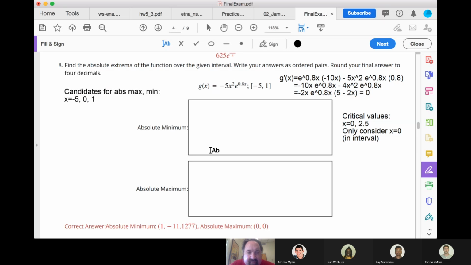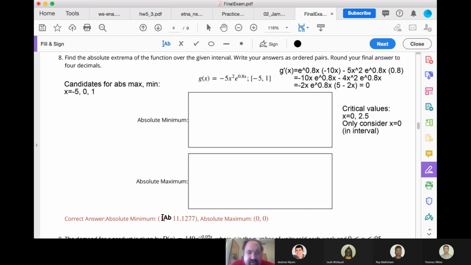Once that's done, we see that x equals 1 generated the smallest value, -11. It turns out all the values were negative except when x equals 0, where we get 0. So that turns out to be the absolute maximum, just because the function is negative everywhere else in this interval.